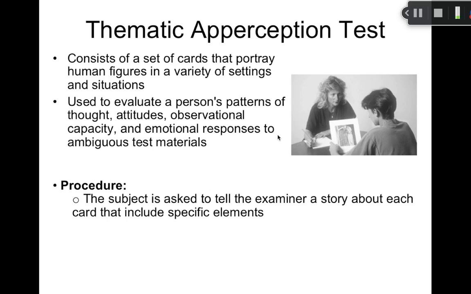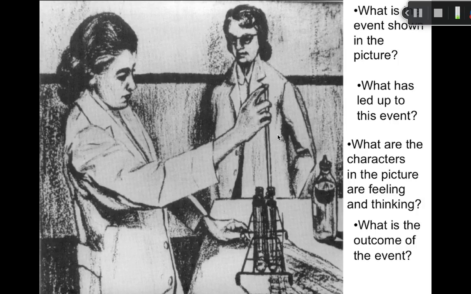So the procedure involves a test administrator showing a test taker a series of cards, and then there's specific questions that are asked about each one of those cards. So let's take a look at one of the cards in the thematic apperception test. So the questions would be, what is the event shown in the picture? And then the test taker would sort of hatch a story about what they think is going on there.